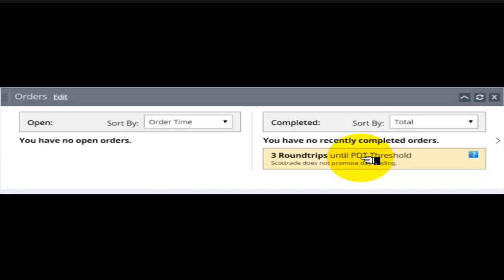Therefore, we will allow you 3 round trips in a rolling 5-day period. 3 day trades in a rolling 5-day period before your account is locked up. And what happens is, if you violate this rule, your account will be locked up, which means that you won't be able to trade in that account anymore until you deposit $25,000 or more into your account.